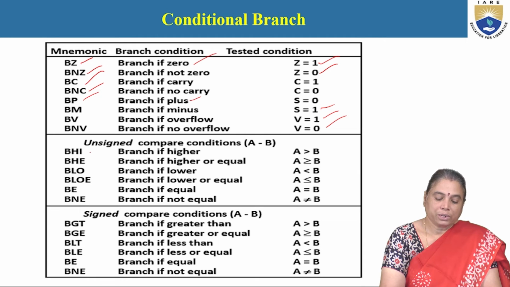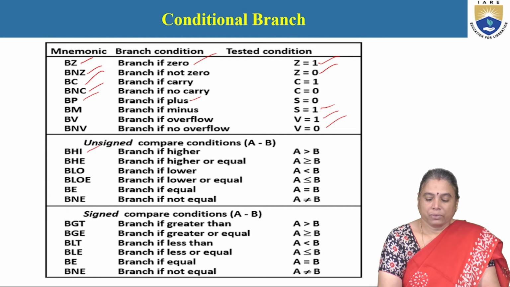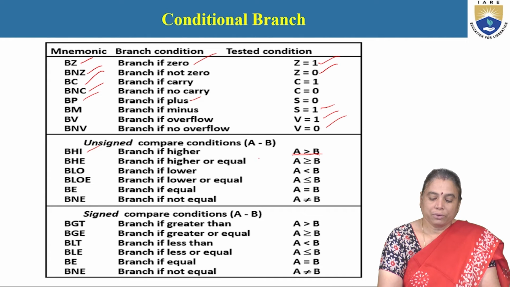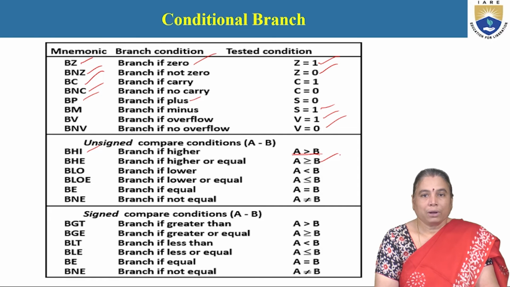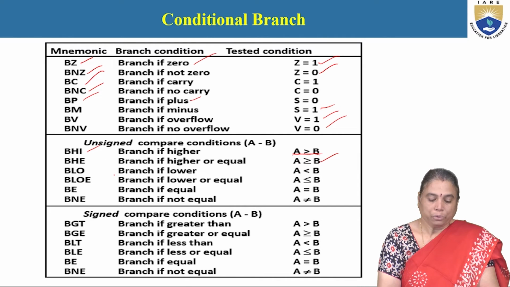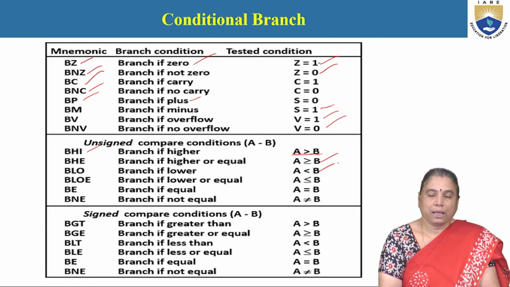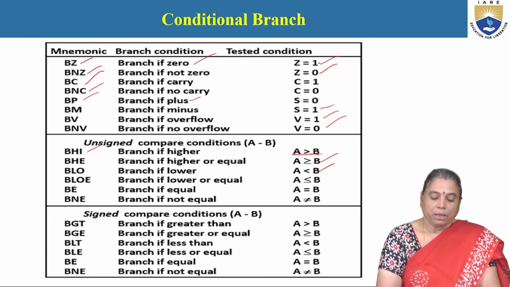The first instruction in the unsigned compare conditions is BHI, branch if higher. How higher is checked: A greater than B. BHE, branch if higher or equal, A greater than or equal to B. Just as you use relational operators in high level languages, these statements work like that. BLO, branch if lower, that means if A is less than B, the branch takes place.